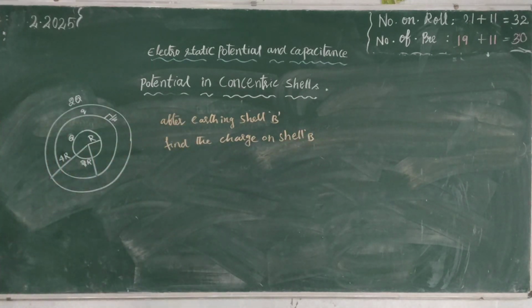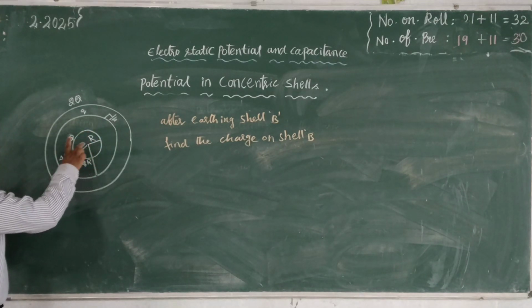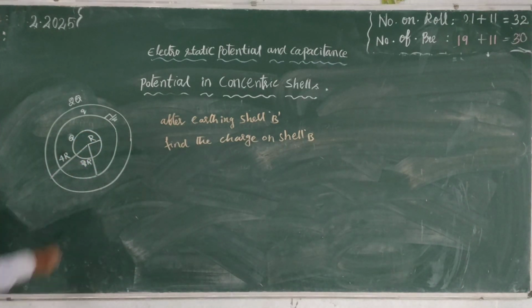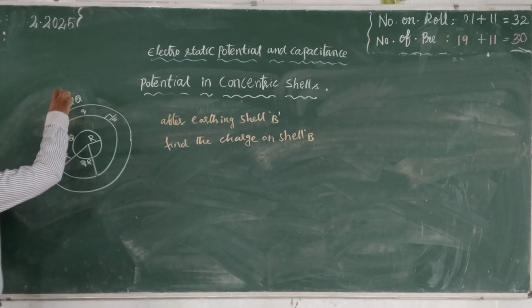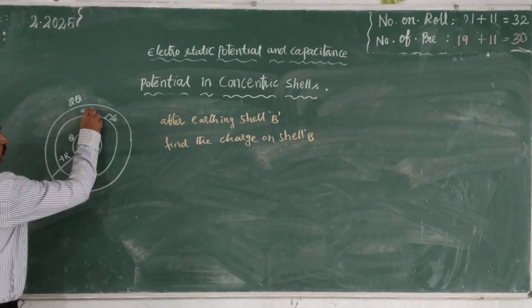These are concentric shells. The first one has radius r, the second 2r, the third 4r. The charge on the first one is q, the charge on the third one is 2q. We don't know the charge on the second one, so we want to find it out.